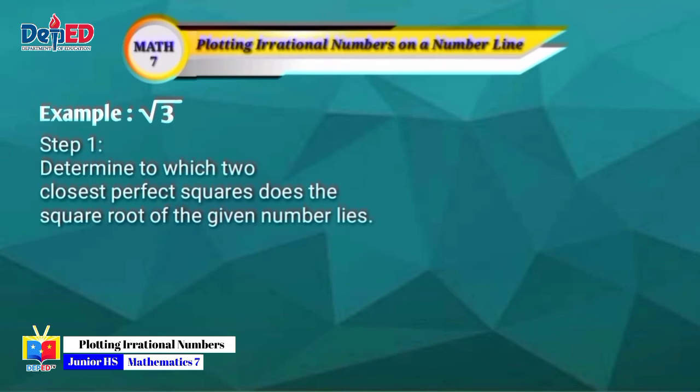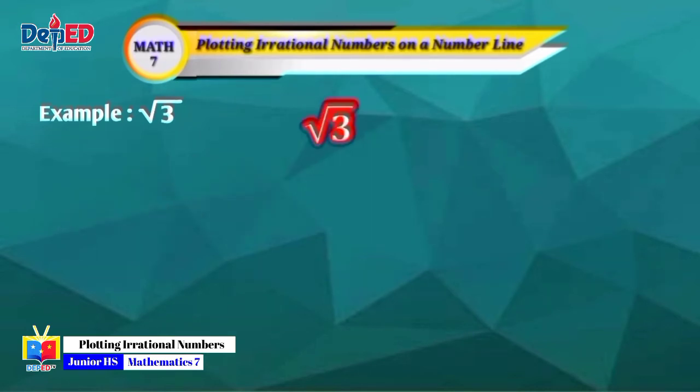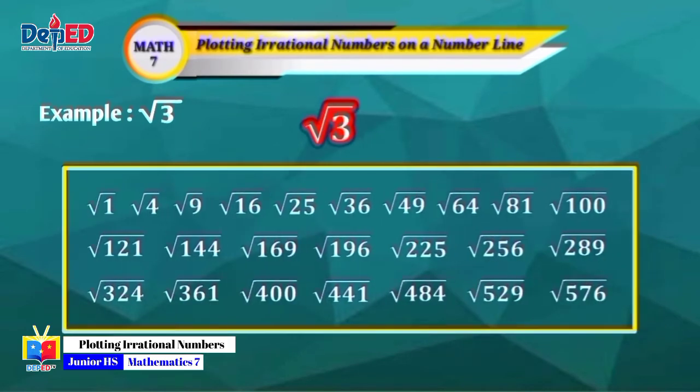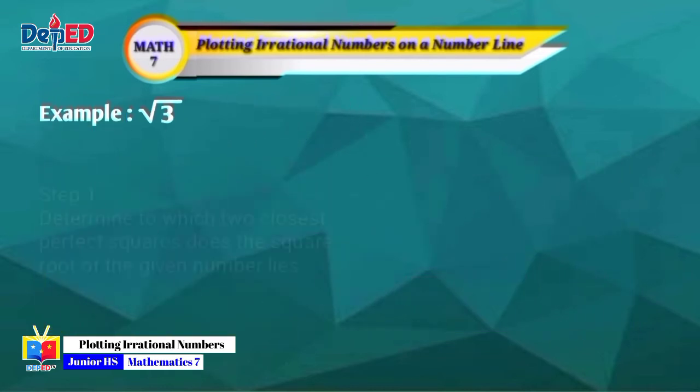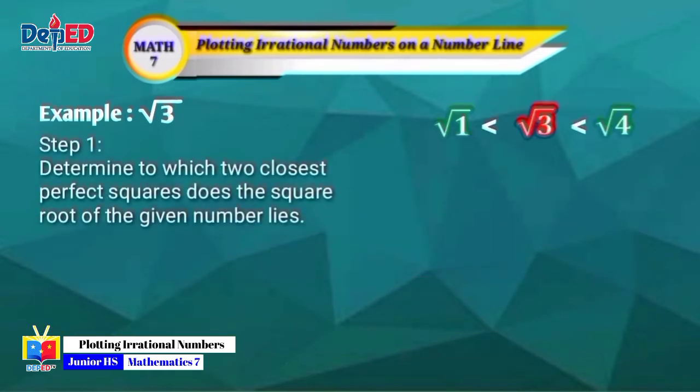Step 1. Determine to which two closest perfect squares the square root of the given number lies. From this table of perfect squares, square root of 3 lies between the square root of 1 and square root of 4. So, the two closest perfect squares are 1 and 4. Step 2.